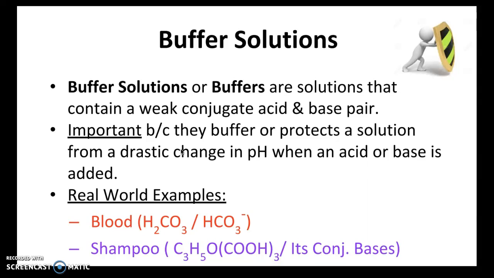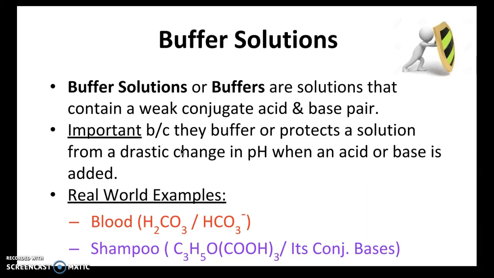So what are buffer solutions? Buffer solutions are solutions that contain a weak conjugate acid base pair, and we'll look into that later. They're important because whether it's in your blood or in some other solution, they protect the solution from a drastic change in pH when you add an acid or a base to it. If you add an acid, you expect the pH to decrease. If you add a base, you expect it to increase.